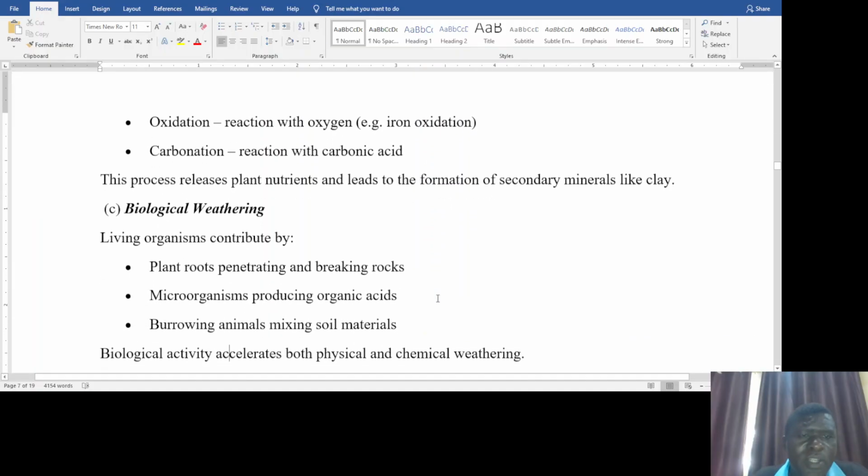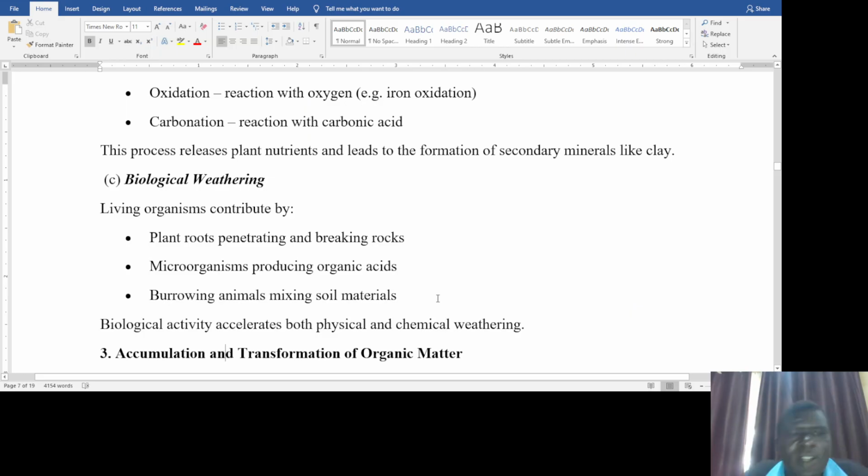Besides that, we have the third and critical process of biological weathering, and from the word biological, it implies the activities and the contributions made by the living organisms, which include the flora, fauna, and the microorganisms.